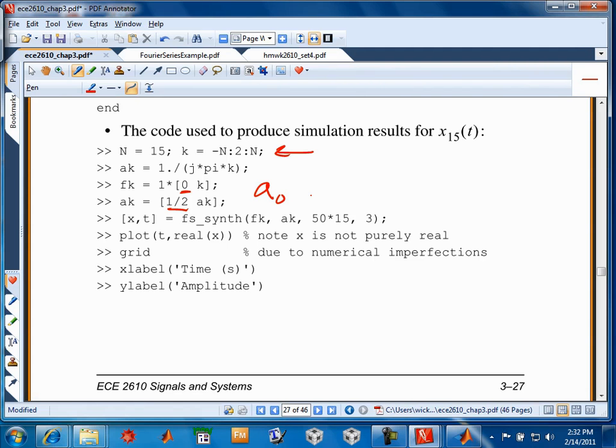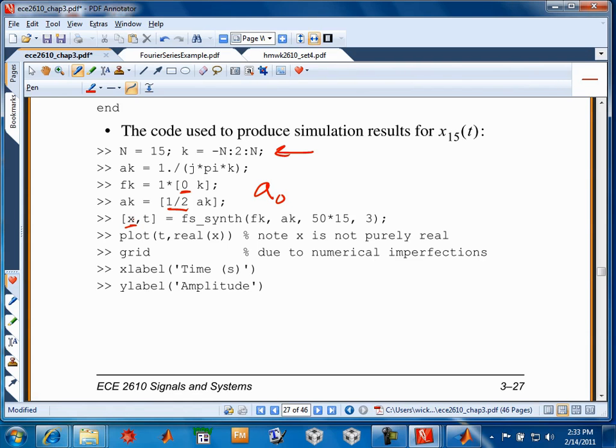Plug it into this Fourier series synthesis function, and then, because the mathematics of MATLAB is not perfect, the x values are going to come out with small imaginary parts, even though I know I'm synthesizing a purely real waveform. This brings up a good question. I'm going to represent a real waveform with complex sinusoids, but because I started off with a real waveform, the Fourier synthesis formula is going to return a real waveform.